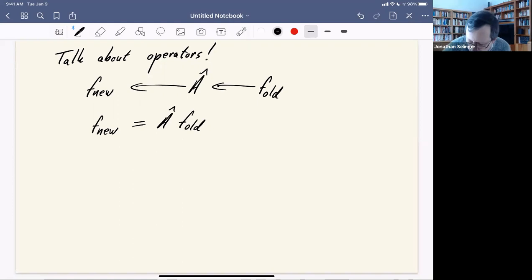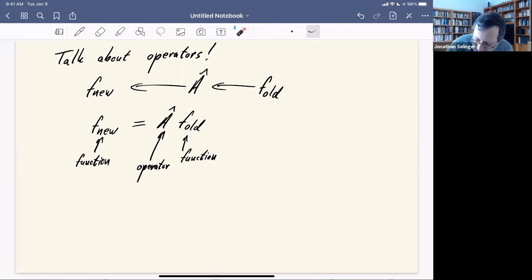So this is a function, this is an operator, and this is a new function. The hat symbol over the operator is a graphical reminder that something is an operator.